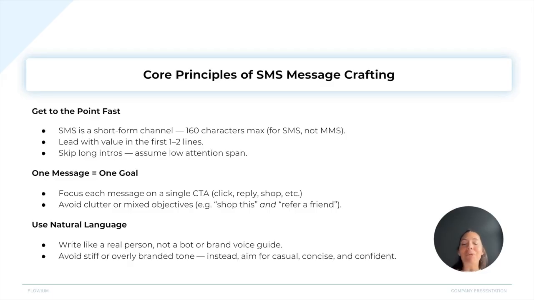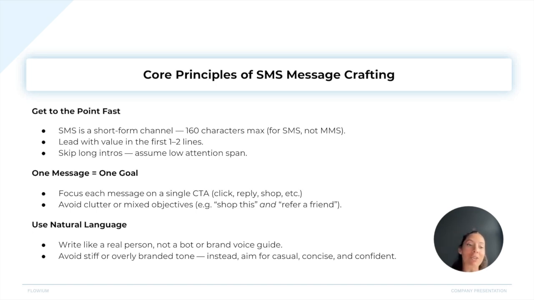Okay, let's get into some core principles of SMS message crafting. So the first one is getting to the point fast. SMS is a short form channel, and you're messaging someone's phone, so you don't want to meander. You want to get to the point quickly and get them to act right away. One message equals one goal.